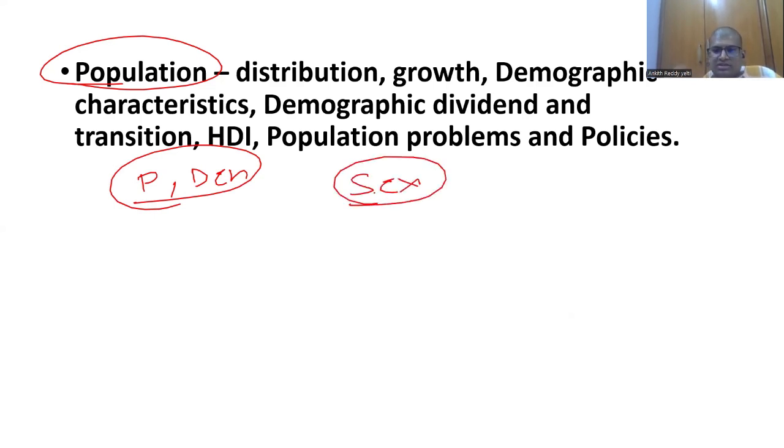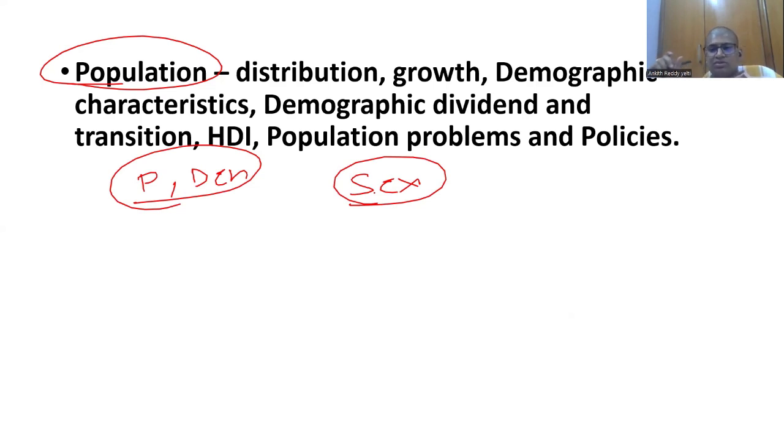What are the dominant states doing well in sex ratio, the states doing worst in sex ratio, and the states doing well in literacy rate and life expectancy? These things should be keenly observed, and you have to collect the data and use it whenever there is a demand in the question.